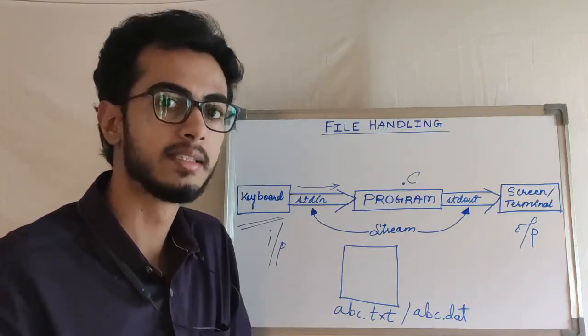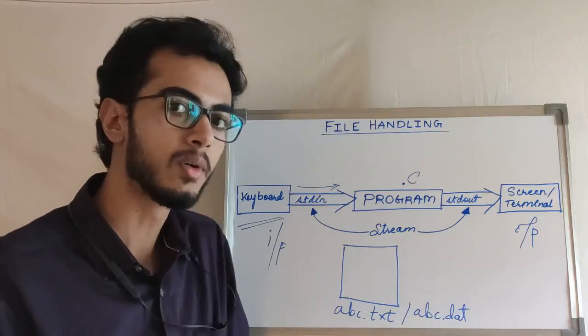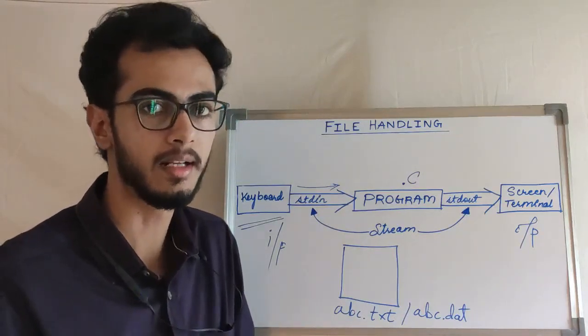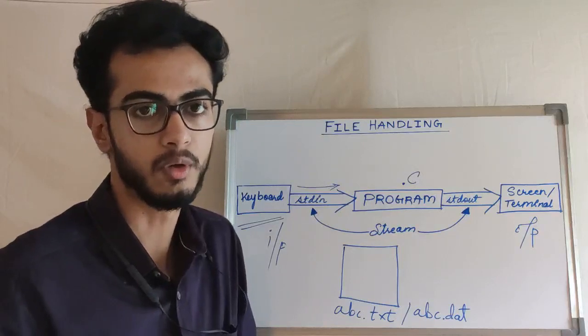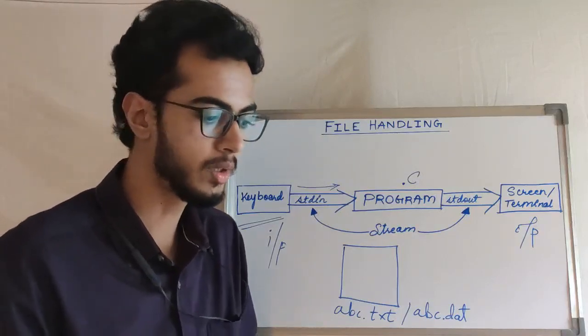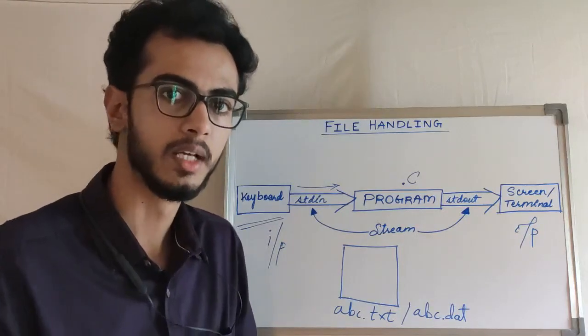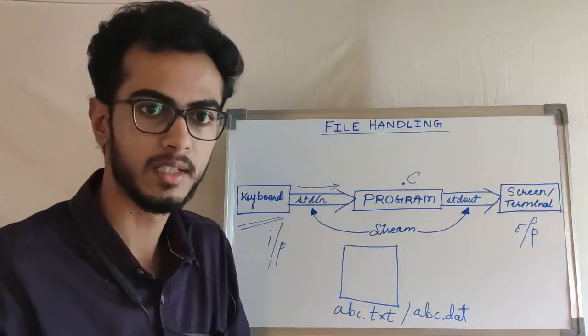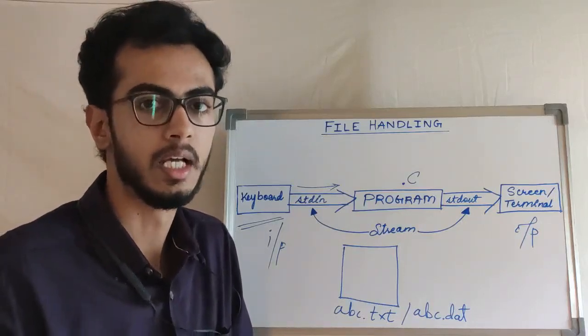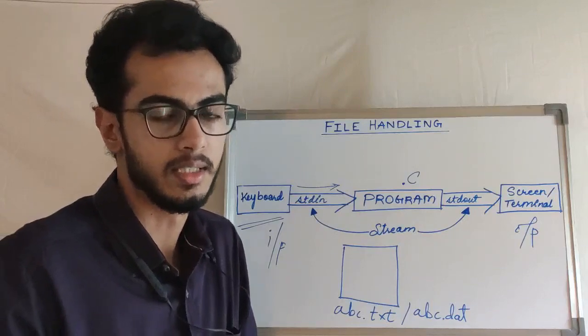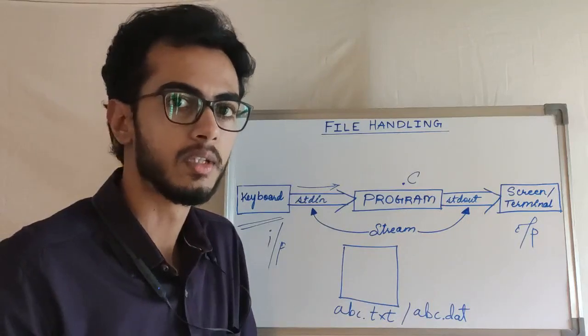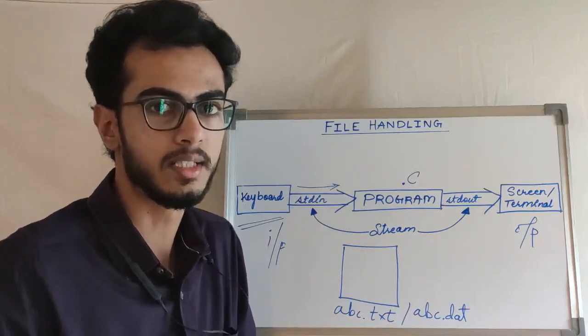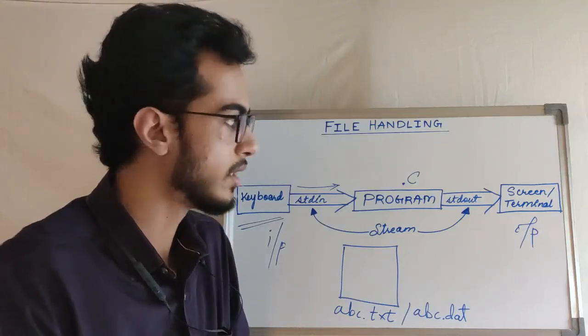While you execute your program, you may find that you have made some logical error inside your code. So you go back to your program and change it according to the logical error. Then you again execute that program. Then you find that after entering those 100 numbers, you have made some mistake.